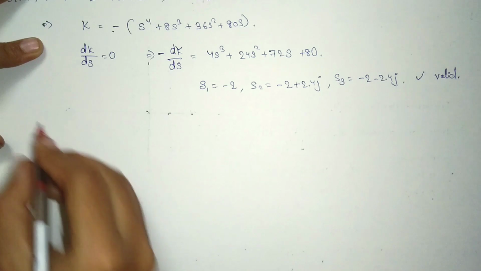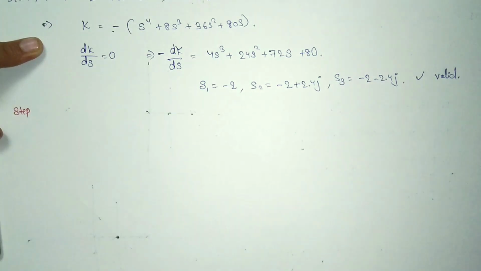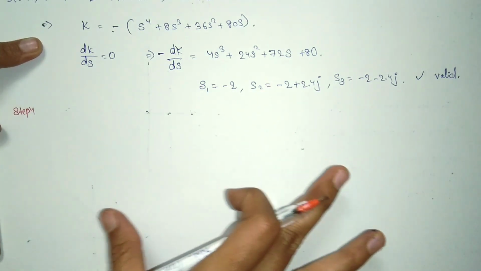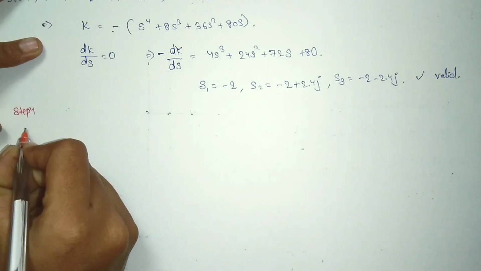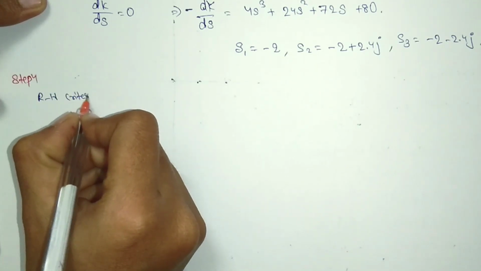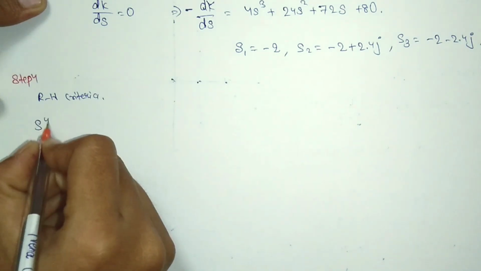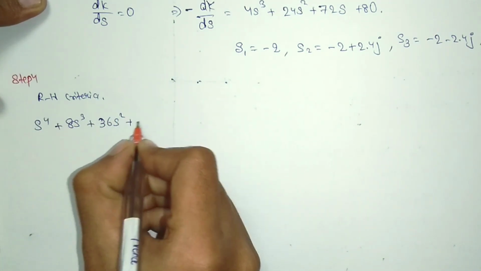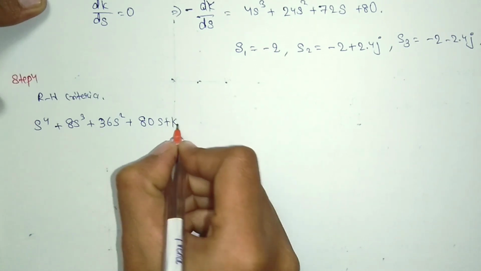Now the next step is step 4, that is to find the imaginary point where the locus intersects the imaginary axis. So we will apply the RH criteria on this equation, which is s power 4 plus 8s cube plus 36s square plus 80s plus k equal to 0.